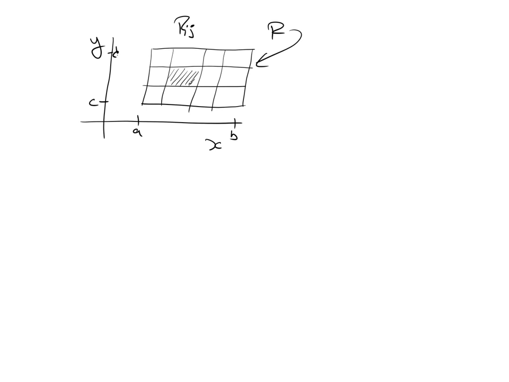That rectangle has an area associated with it. Now in here, I'm going to pick a point anywhere in there, and this point is going to have the coordinates xij, yij, with an asterisk on it, denoting that it's any point inside that region.